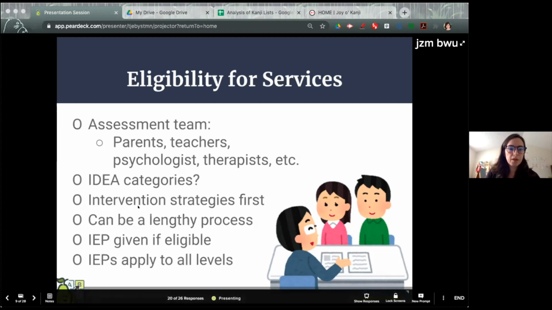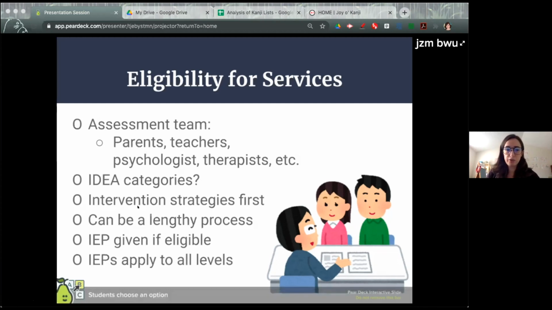But we can't assume that our students would have been identified prior to high school. We really can't. There are plenty of students who have a learning disability, who figure out compensation strategies on their own.